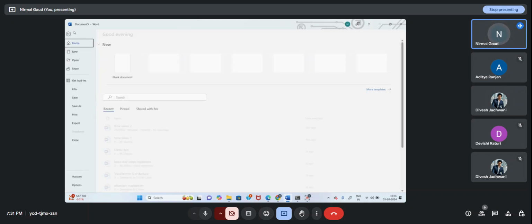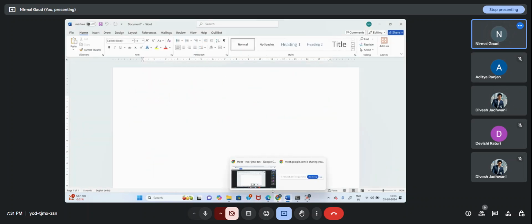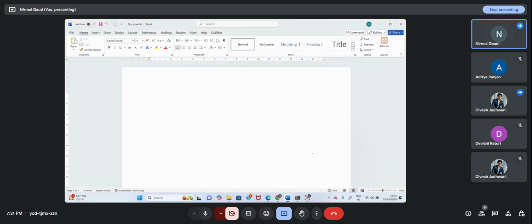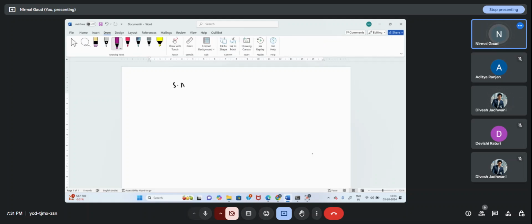Next, you have to give the scaled attention score to softmax activation function to find probability attention score. That means the values now in that matrix will be between 0 to 1. All the values between 0 to 1.